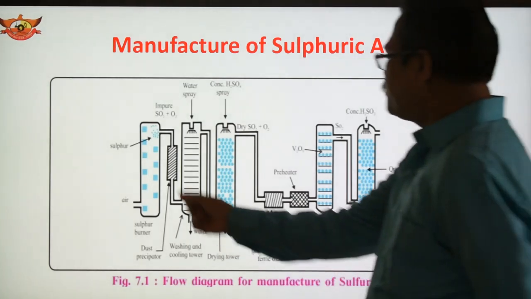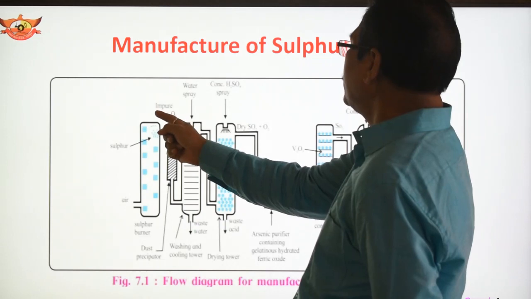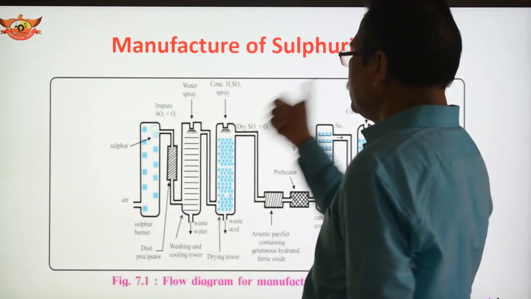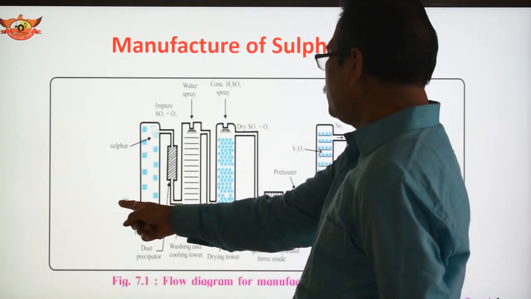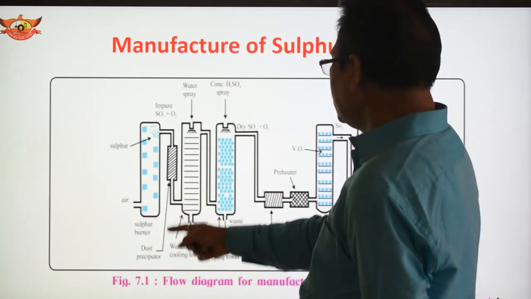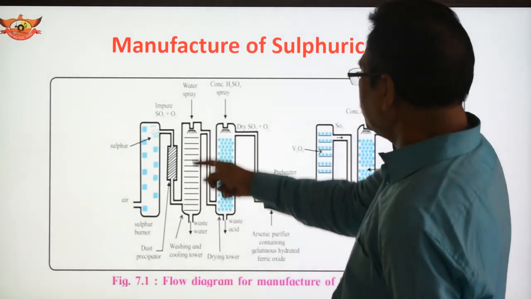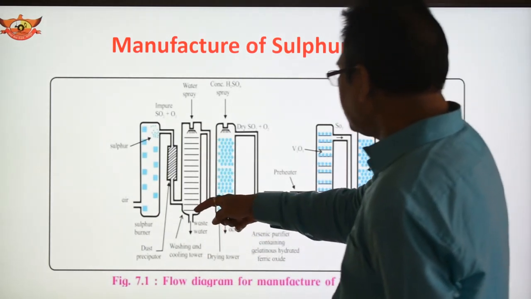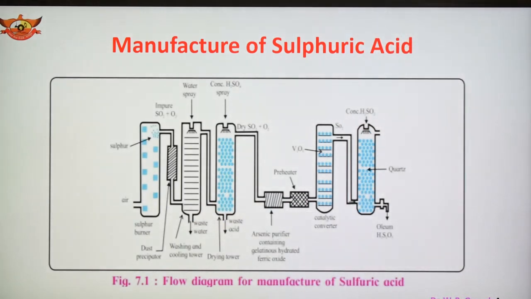In this way we take the sulfur here, and the reaction taking place is SO2 plus O2 giving SO3. Sulfur burns here, and we pass air here. This is the dust precipitator, and this is the chamber of washing and cooling, and wastewater goes out from this outlet.